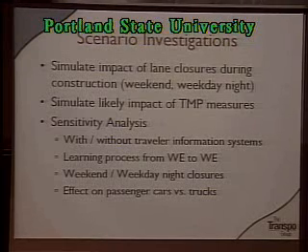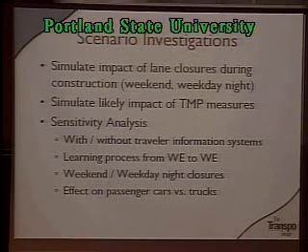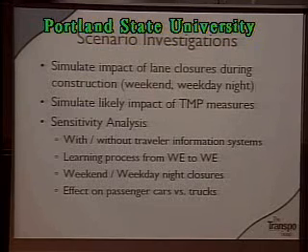The sensitivity analysis that we did was to look at things like with or without traveler information systems. We looked at the learning process from one weekend to the next. We looked at weekend versus weekday night closures, and the effect of passenger cars versus trucks was also of concern.